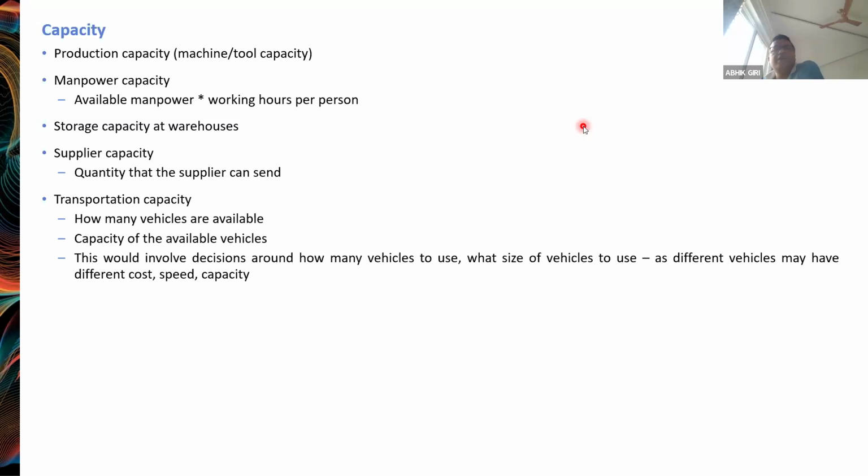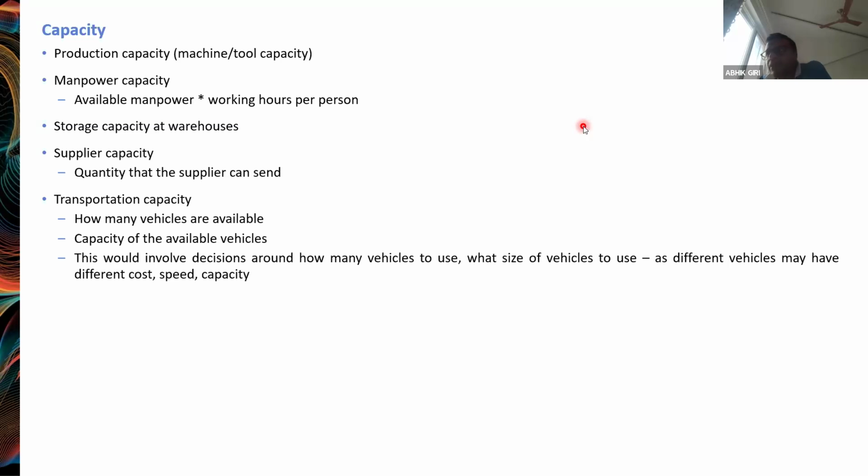And if we are purchasing from a supplier, then it could be the maximum quantity that the supplier can send. And if it is transportation capacity, so let's say we are manufacturing in our factories and sending it to our fulfillment centers or to our distributors, then it could be how many vehicles are available and what is the capacity of the available vehicles.